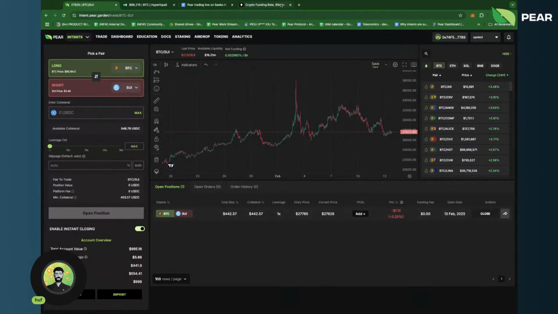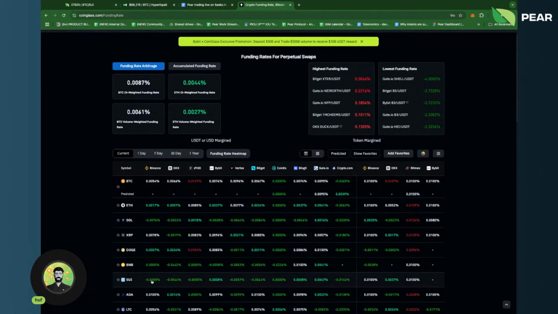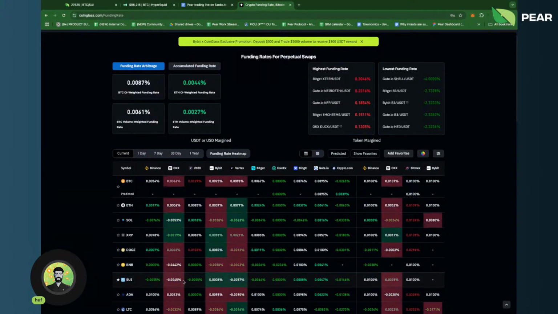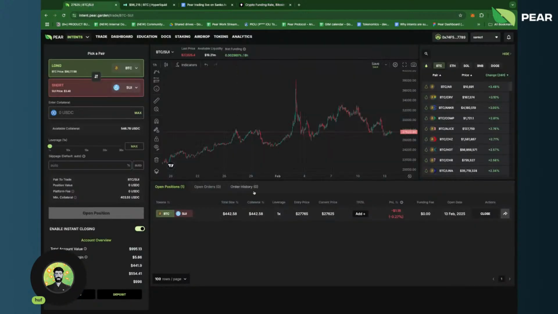Part of the reason we did that is we are of the view that Sui, let's have a look at its funding rates, is negative. What is happening here on Sui is people are shorting it on Binance, on OKX, on Vertex, and elsewhere, and it's broadly flat elsewhere. So I am averaging into this trade, right?